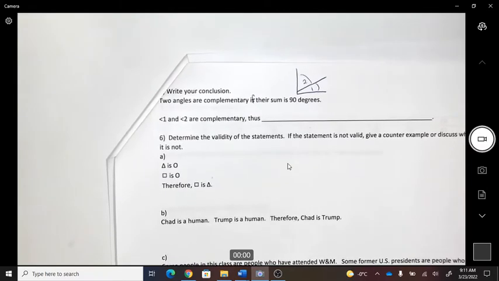Angle 1 and angle 2 are complementary, thus, can you make a conclusion? What could you write in that line? Put together those two ideas. So two angles are complementary if their sum is 90 degrees. If angle 1 and angle 2 are complementary, what can you say about it?